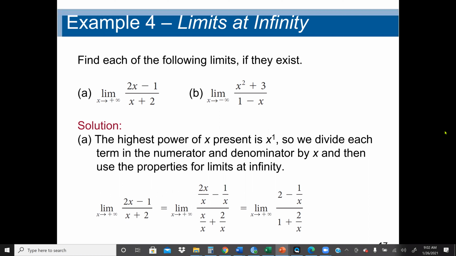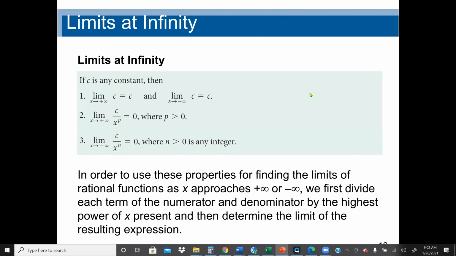Yeah. So again, we are using the three properties when we are solving limits. When we are using limit approaching infinity, these are the three properties we have to use. This is again far different from the previous limits we solved last week.